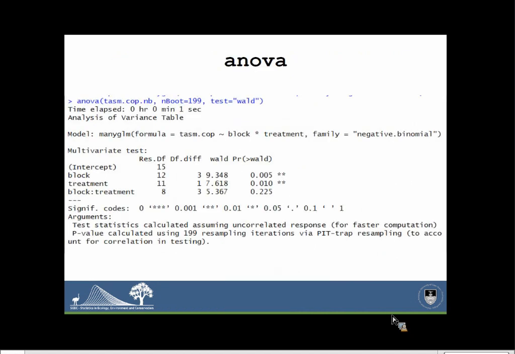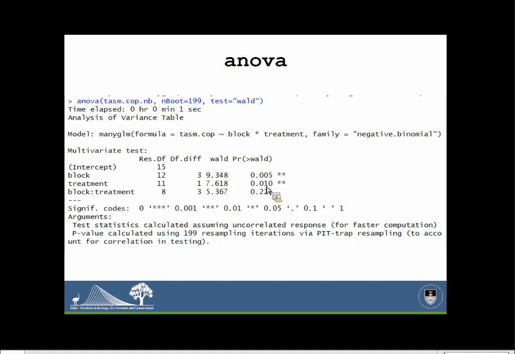Okay, so then the workhorse of this particular program is actually the ANOVA. This is where you get all your results out. And so this is an analysis of variance table for our model that we specified. And you've got your block, treatment, and your block-treatment interaction.